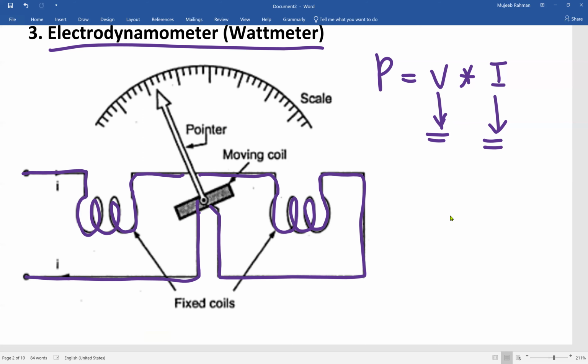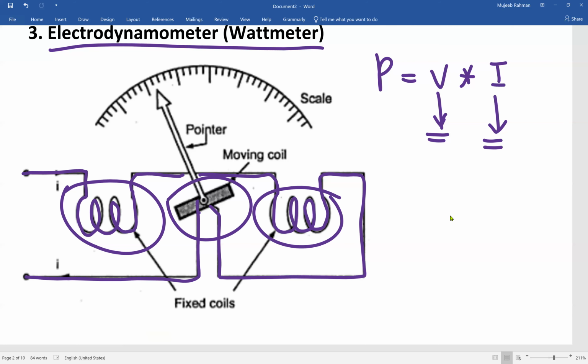So what is going to happen in this case? There is an interaction between the field produced by these coils and the moving coil, and that will produce some kind of deflection here. These types of instruments can also be used as ammeters and voltmeters as well, but they are most commonly used as wattmeters.